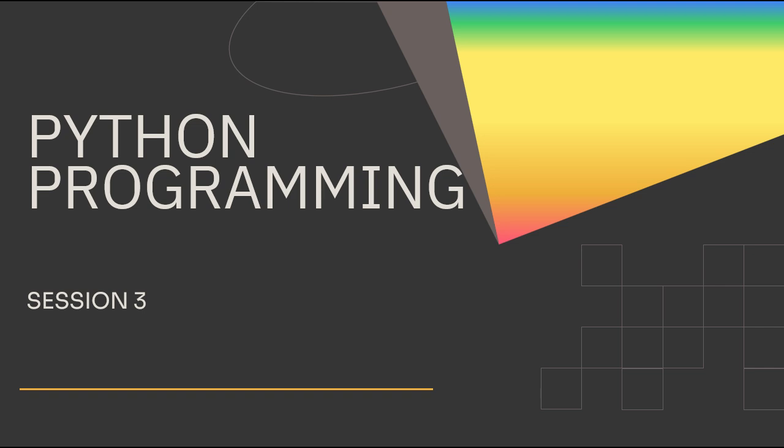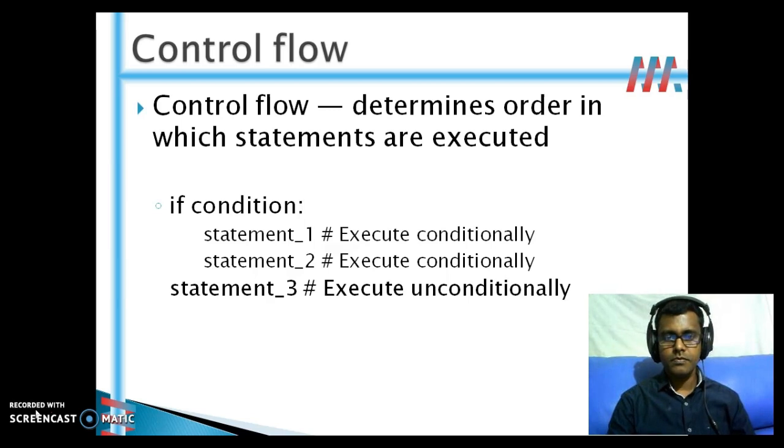So in this lecture we are going to look at the control flow statements. There are basically two kinds of statements which alter the flow of the program. The control flow is nothing but the order in which the statements are executed.